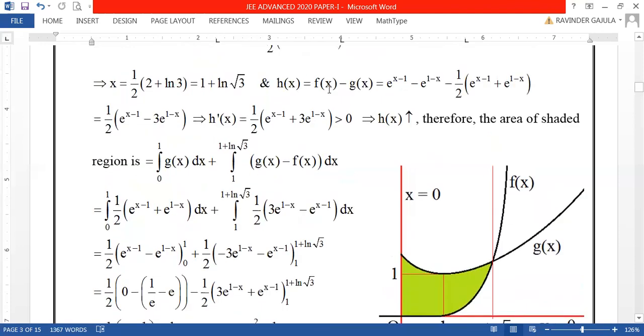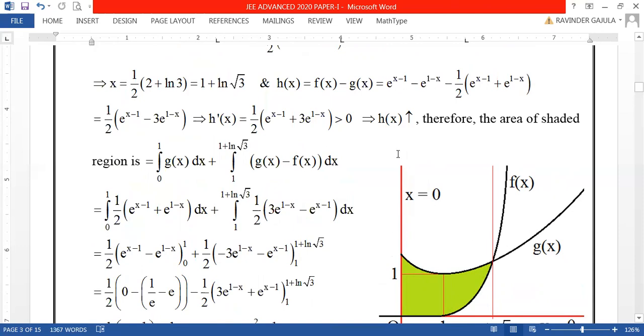F of x minus g of x is increasing because this is f of x, this is g of x. Initially, f of x minus g of x is negative because f of x is below g of x. That negative value is slowly coming to 0, meaning increasing. From 0 onwards, f of x minus g of x is increasing.